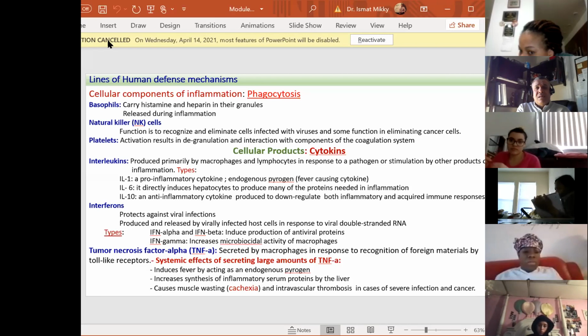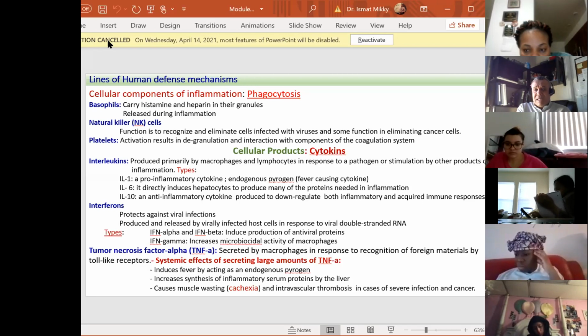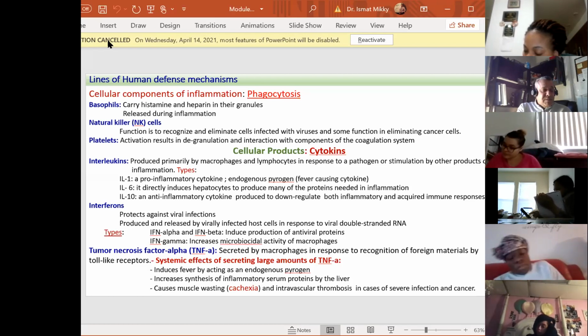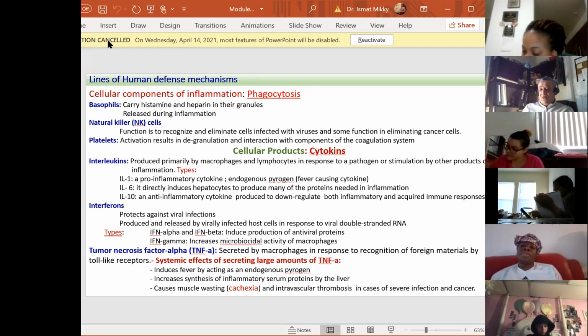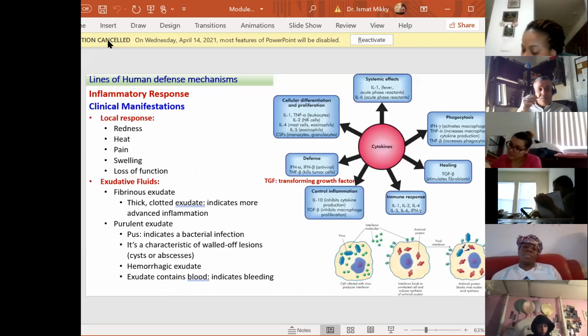That's when the patient loses a lot of weight, especially in cases like severe infection or cancer. So these are responsible for increasing the temperature, weight loss, or muscle wasting.